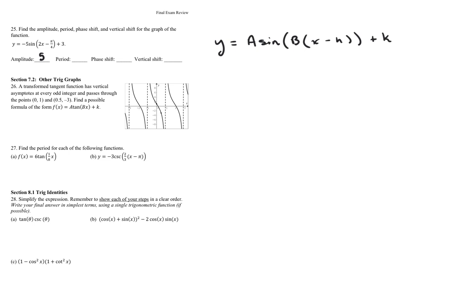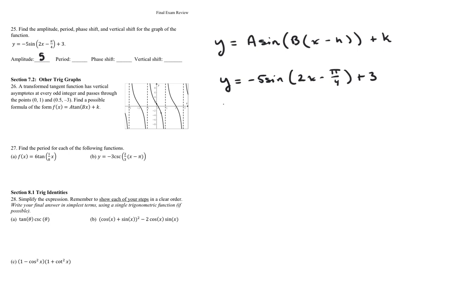Okay, we want to rewrite our function to look a little bit more like our general form. So I can write y equals negative 5 sine of 2x minus pi over 4, all plus 3, and I want to factor out that 2 in the inside of the sine function.